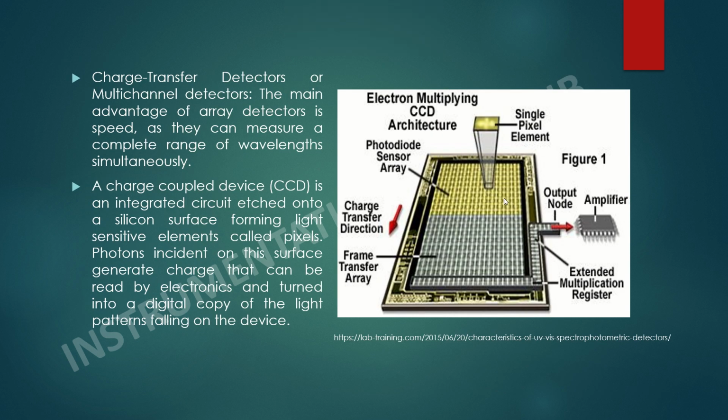In a CCD or charge coupled device, on a silicon surface, there are photosensitive elements known as pixels. Photons incident on this surface generate charge, which can be read out by the amplifier, and from the amplifier it will move towards the recorder.